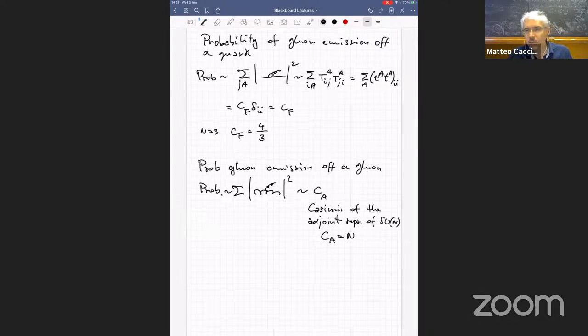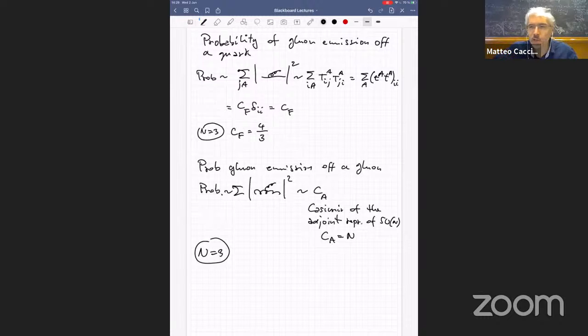So we said 4/3 is not a huge enhancement with respect to simple colorless emission. Now N is equal to 3. Remember, N is equal to 3 in QCD. So enhancing gluon emission off a gluon by a factor of 3 starts being a largish number. So it starts being a significant factor.